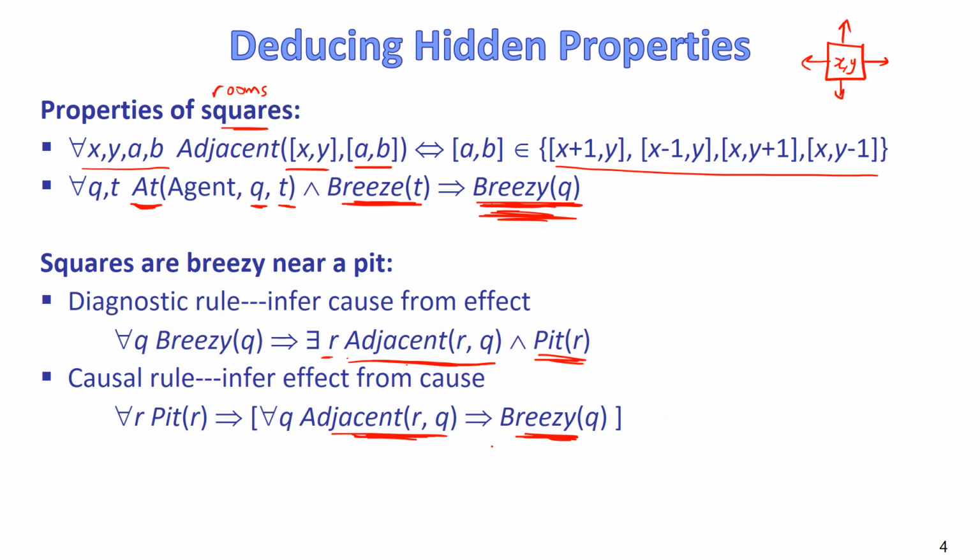So the meaning of this rule is that if there is a pit at room R, then if a room is adjacent to Q, then we will smell breeze at that room. So that means that in every adjacent room, that's why we have for all here, we will smell breeze at this room. Okay, any questions about this?